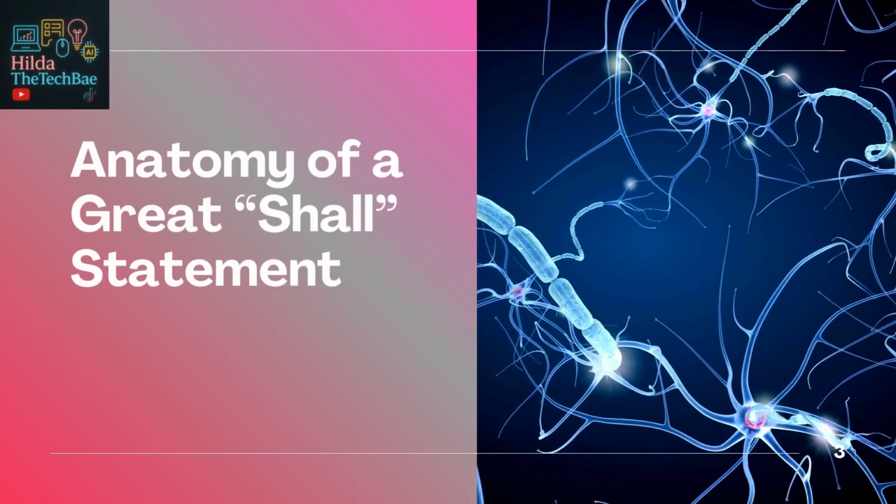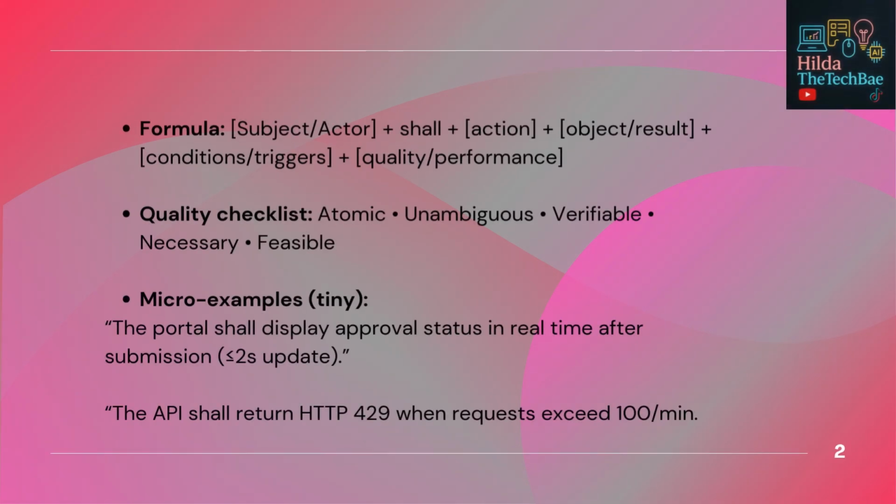at the anatomy of a great shall statement. Use this formula that I'm about to give you. Start with the system or the component. Who is responsible? Add the shall, then the observable action and object.